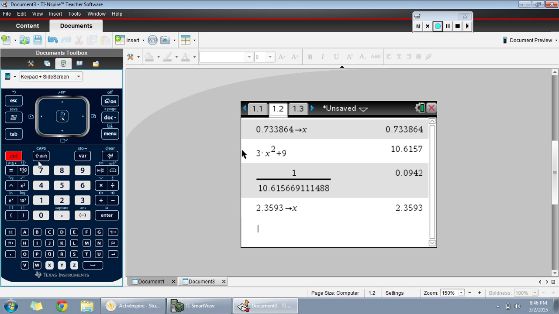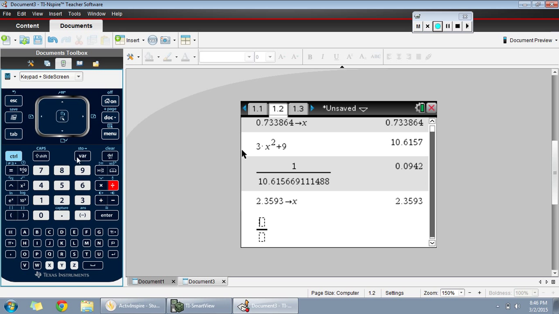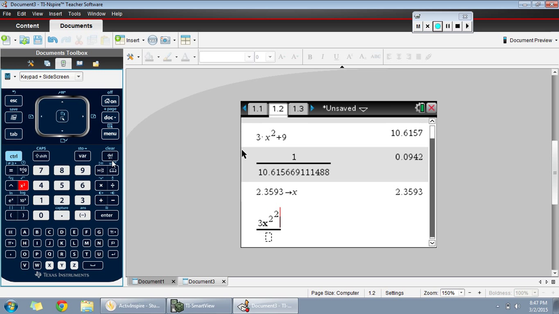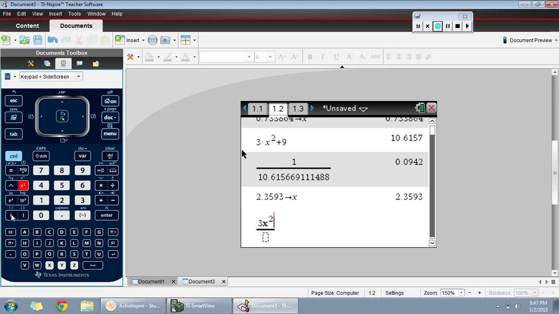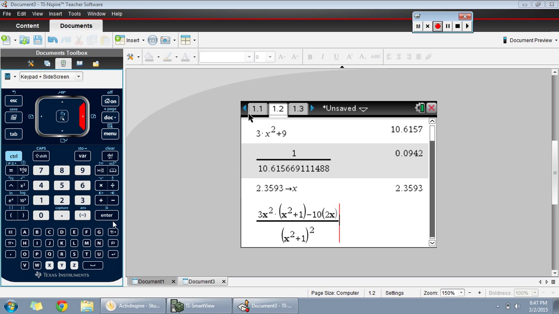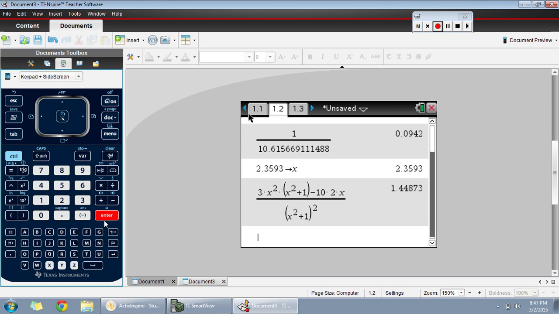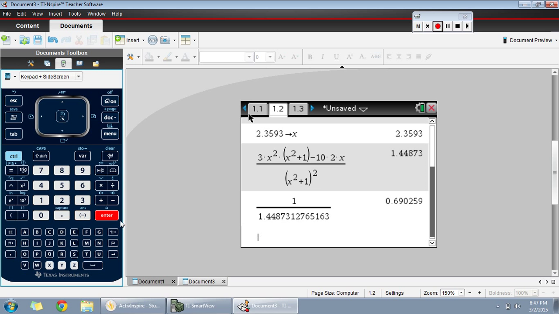Okay, so I'm going to do the quotient rule, and I've got 3x squared, times, okay, enter that, and then we want 1 divided by the answer.